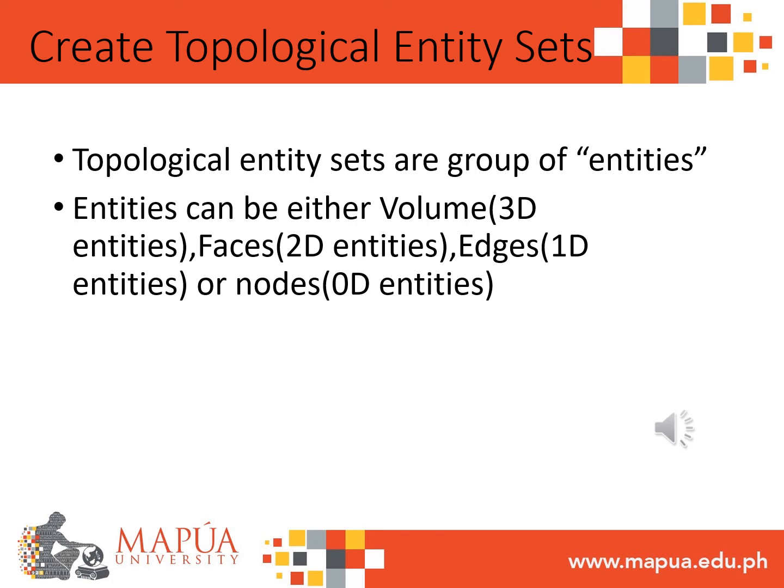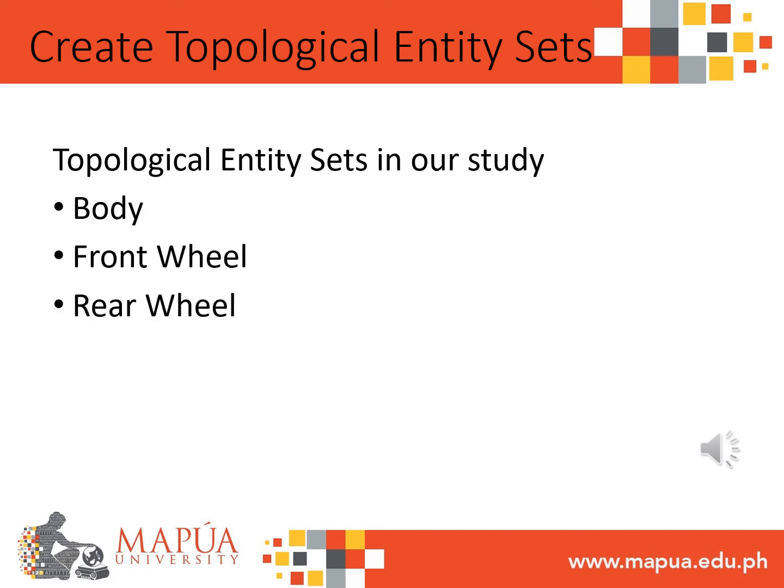When we say topological entity sets, these are groups of entities. These entities can be volumes, faces, or edges, and they can also be nodes. In our study, we will create three topological entity sets.